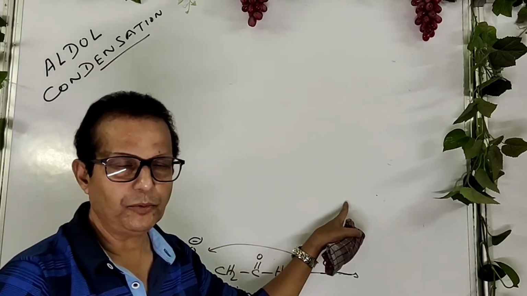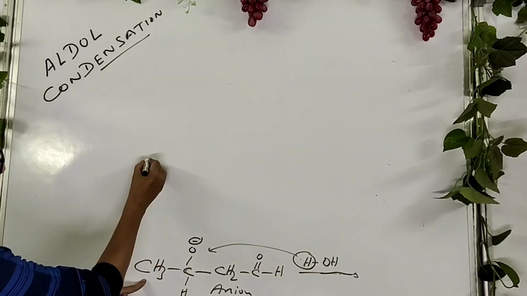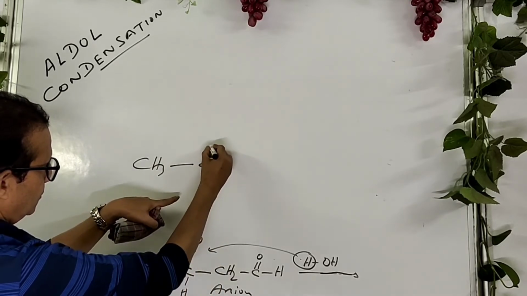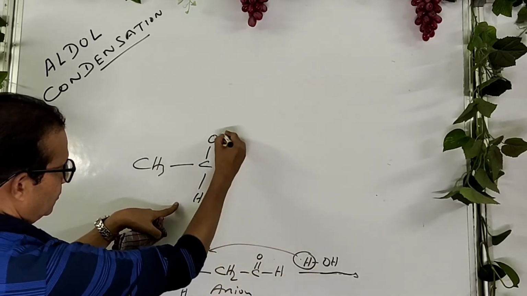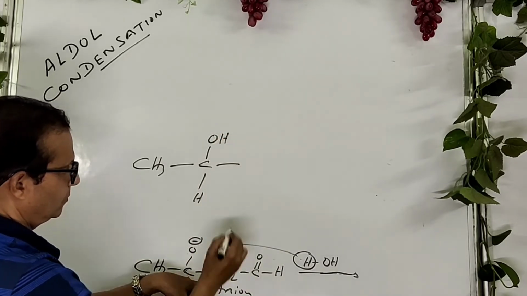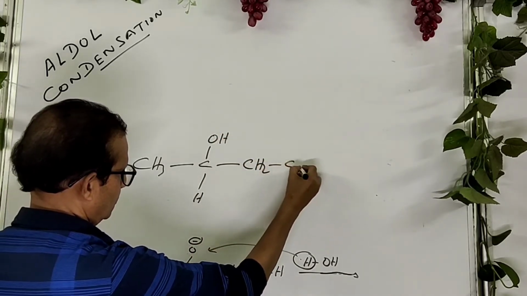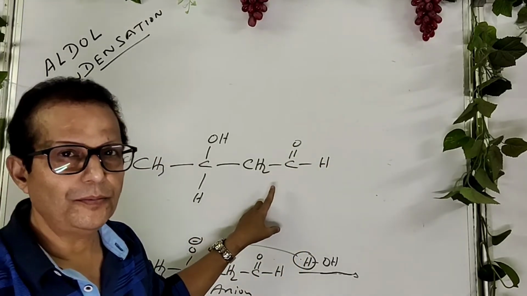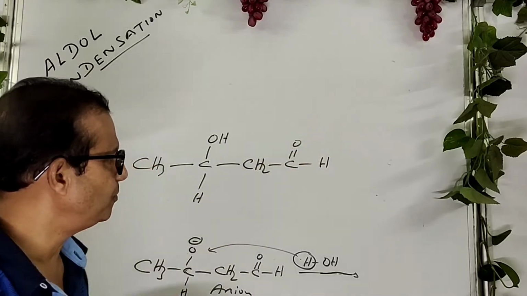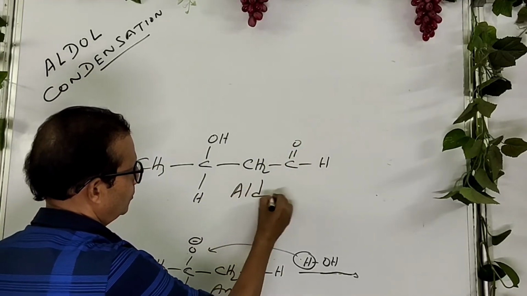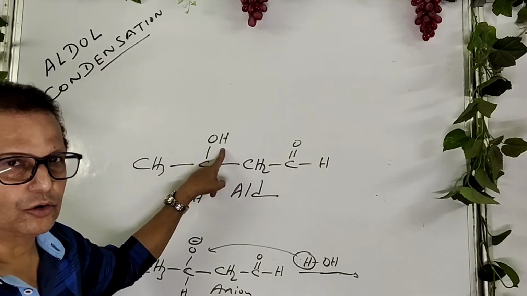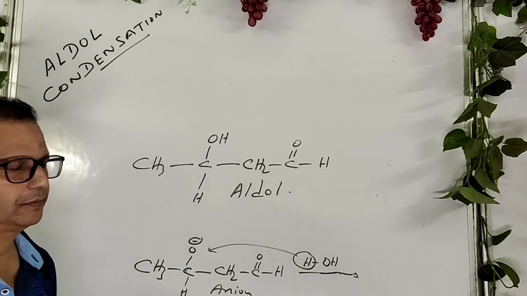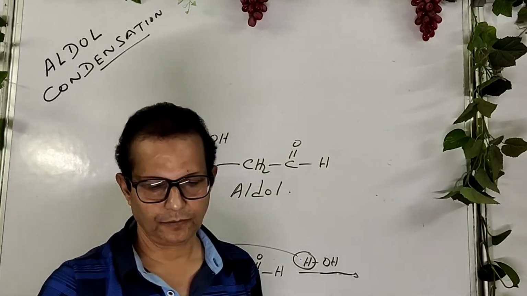So the final product is this compound, which contains an aldehyde group as well as an alcohol group. That's why it is called aldol. I think you understand it.